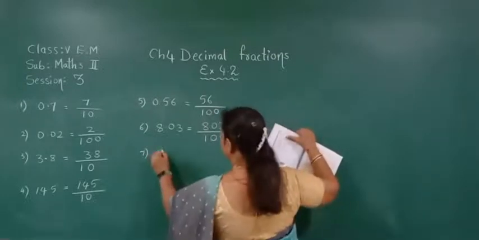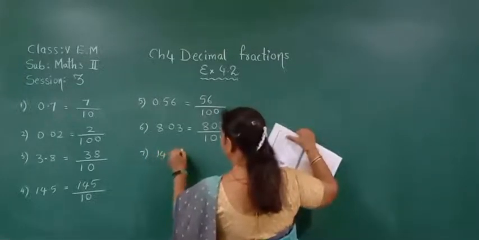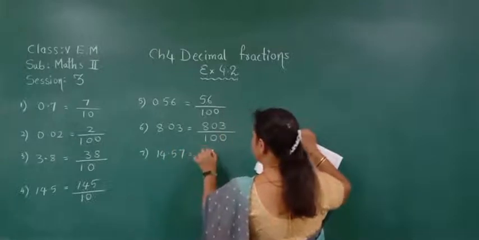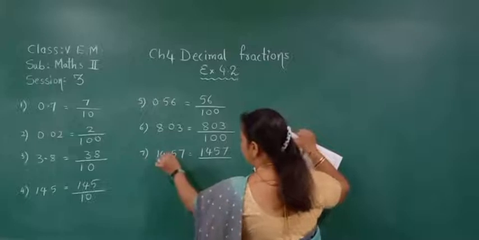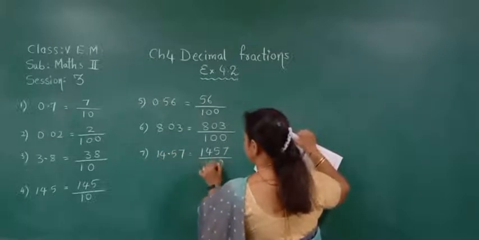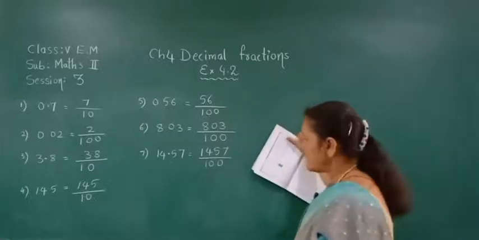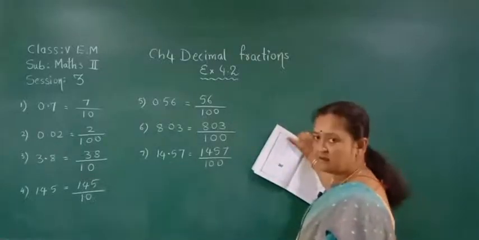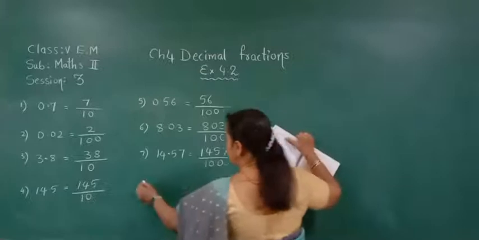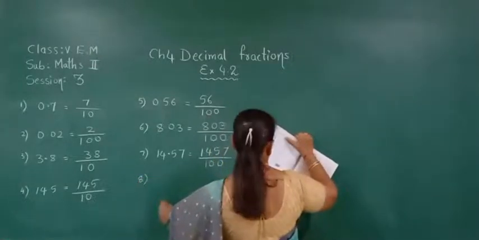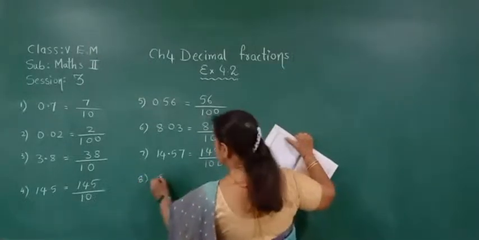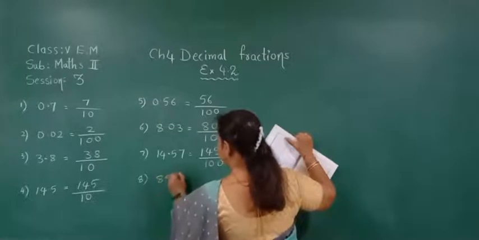Then seventh question, it is 14.57. So here 1457 divided by, after decimal add 2 zeros. After decimal we have 2 digits. So add 2 zeros in the denominator. Then eighth question is 85.4.